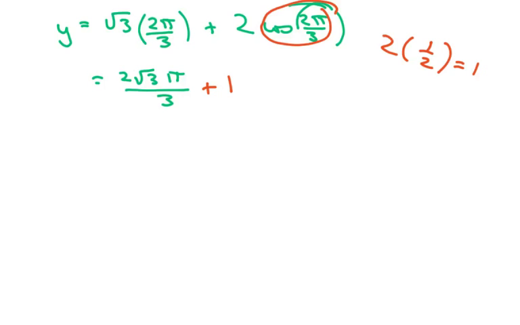Or I can write it as 2 square root of 3 pi minus 3 over 3. This should have been minus here.